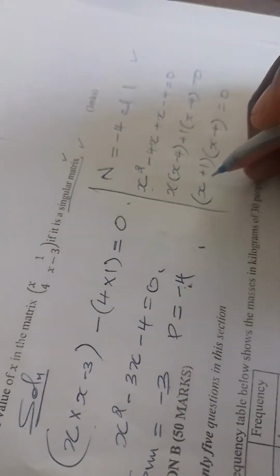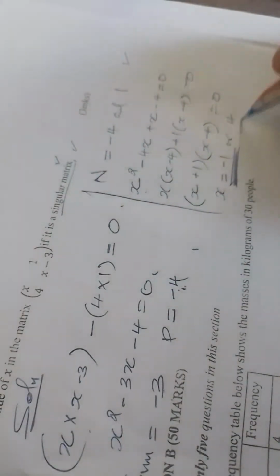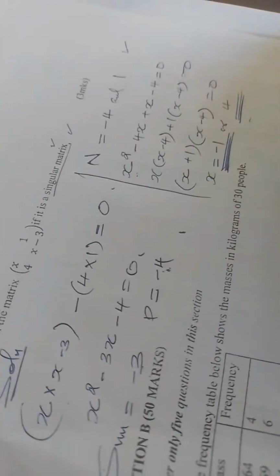So this will be (x plus 1)(x minus 4) is equal to 0. For this, we can find the value of x: x is equal to negative 1 or positive 4. Those are the values of x.